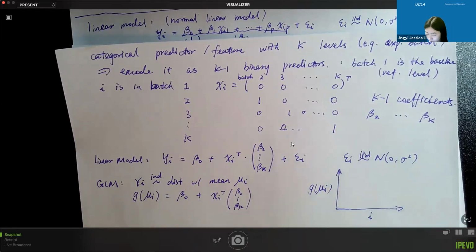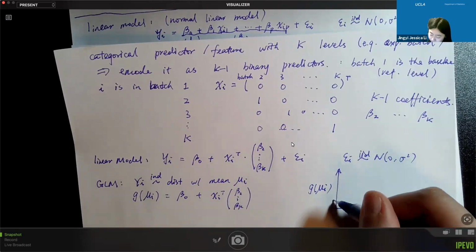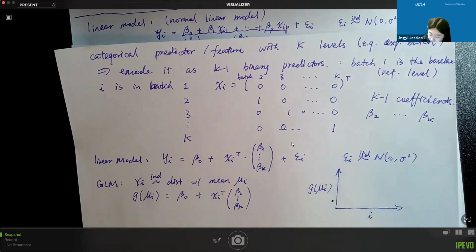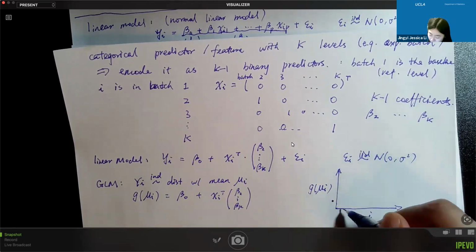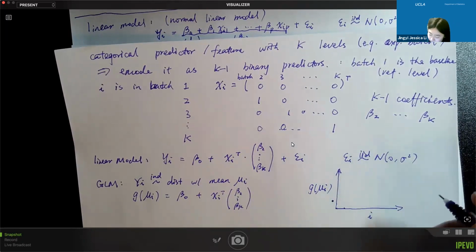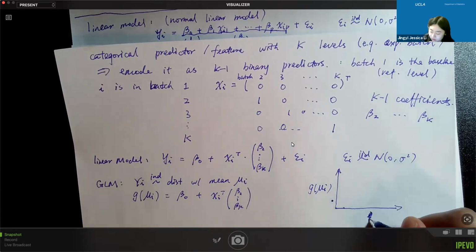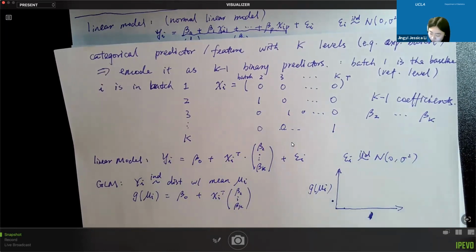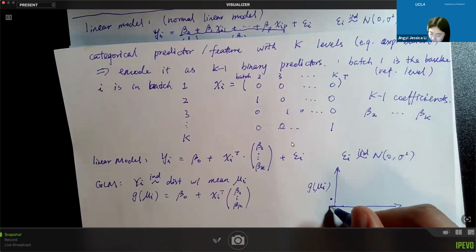Probably this is a bad way of encoding it. I don't need the x-axis, I just need the y-axis.